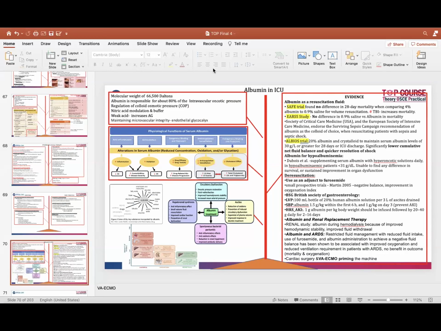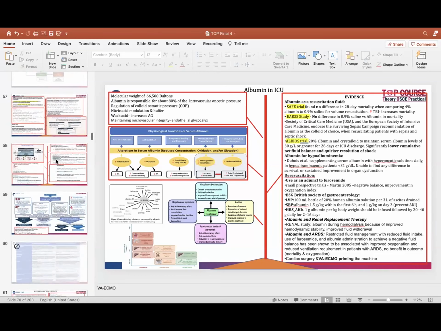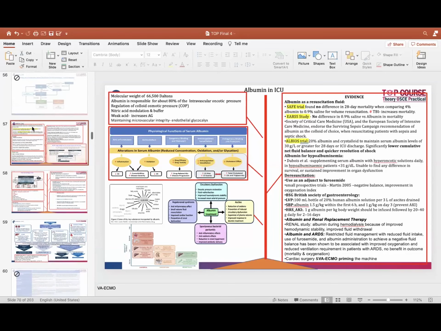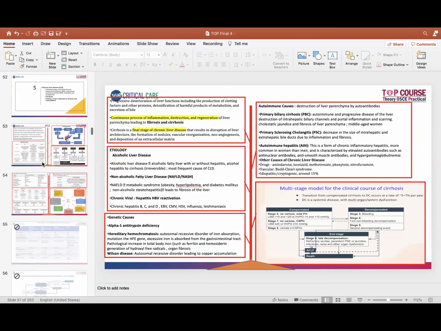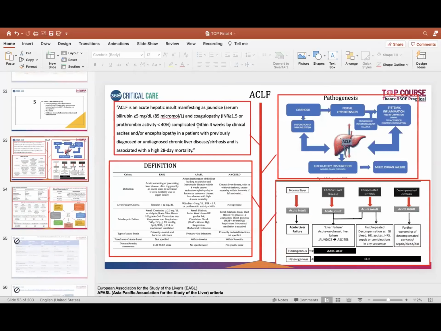Organ dysfunction will also come in the definition. Okay, somebody has asked this question. In the definition, it is mainly an inciting event resulting in ascites or encephalopathy within 4 weeks. Okay, that is the definition. So there's a hepatic insult which is complicated by ascites or encephalopathy. This is the definition of ACLF, but different societies have mentioned different definitions.